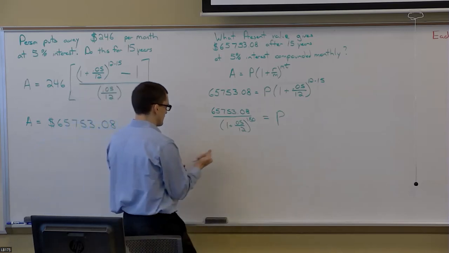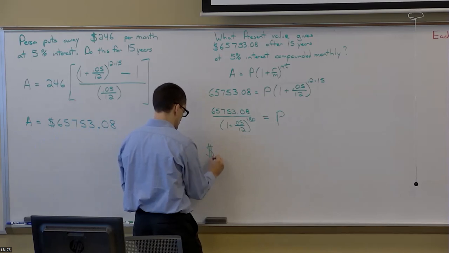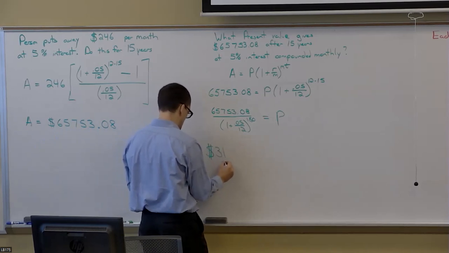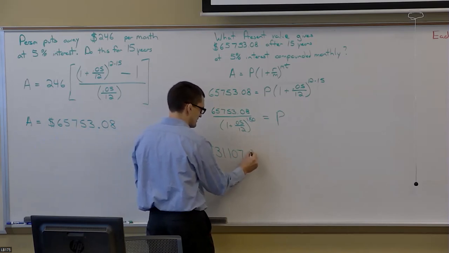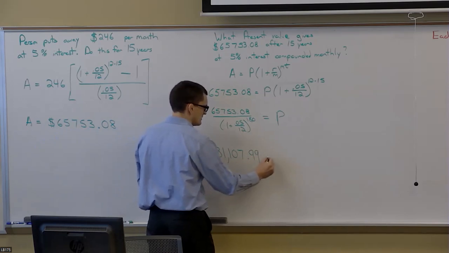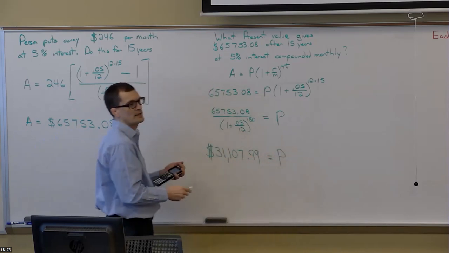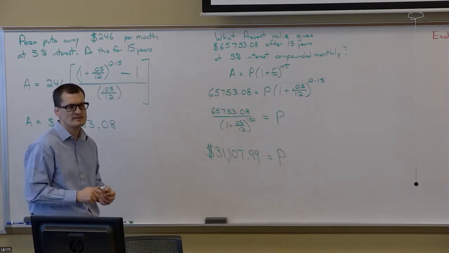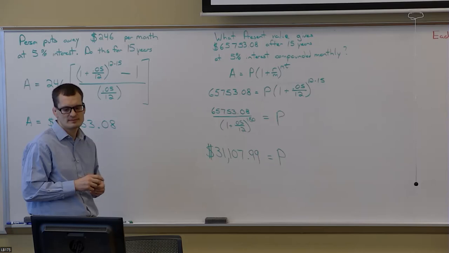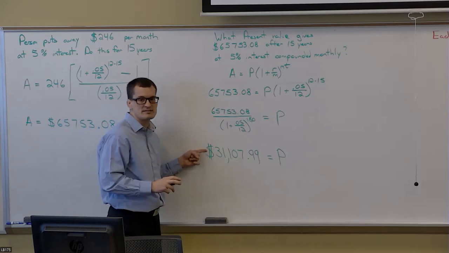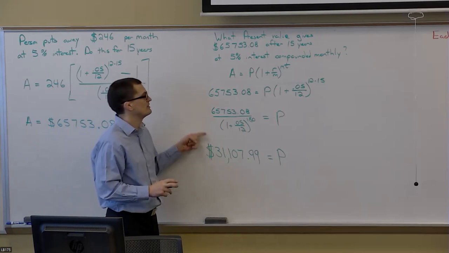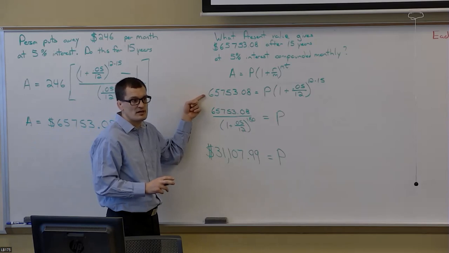I got a present value of $31,107.99. Everybody understand that? So this lump sum of $31,000 would produce a future value of $65,753.08.